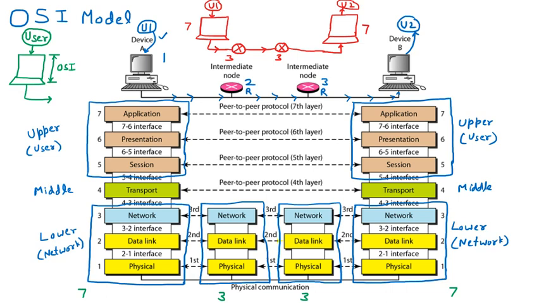But usually we make the OSI model with a simple diagram, where we represent application, presentation, session, transport, network, data link layer and physical layer, simply because we assume that there is a single computer. So if there is a single computer, like we have mentioned here, the diagram will be very simple.